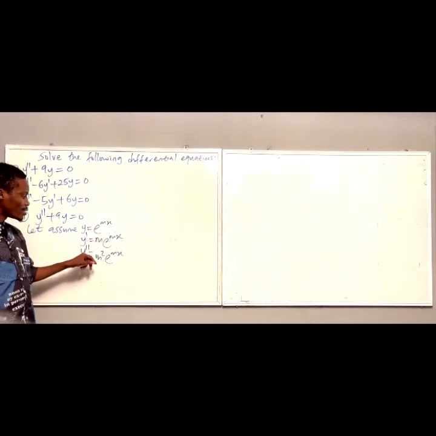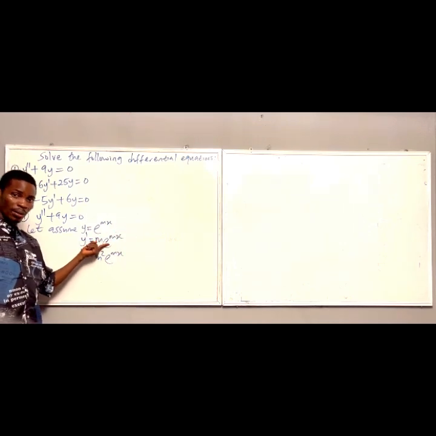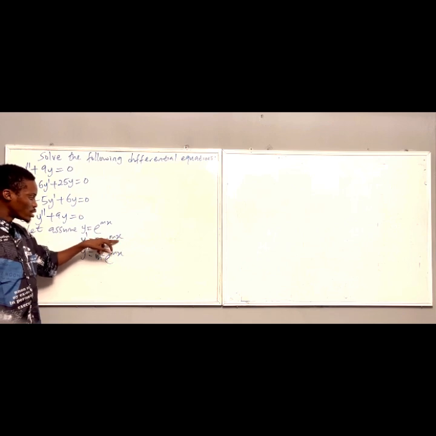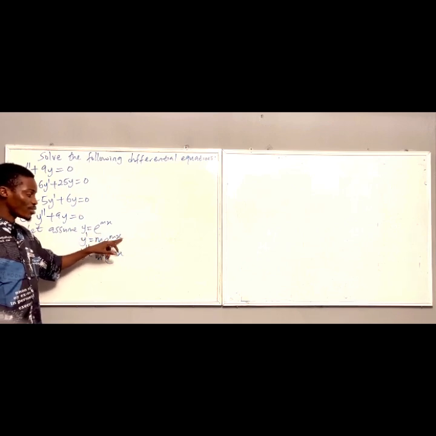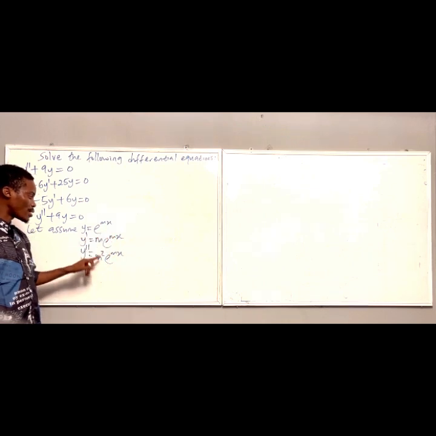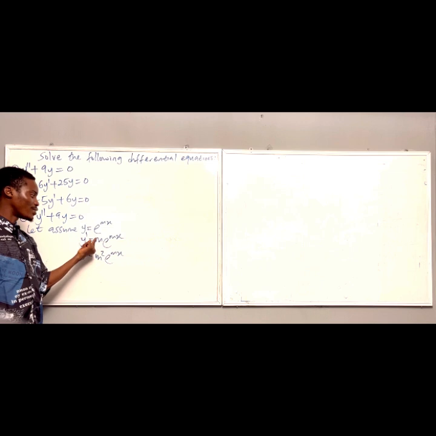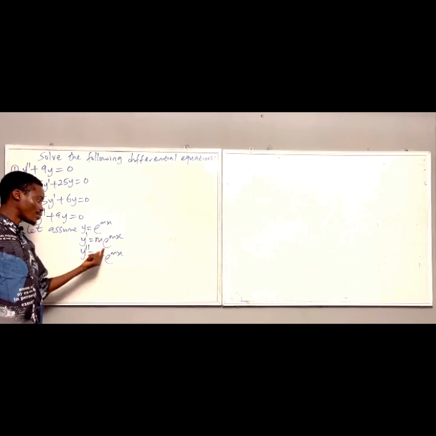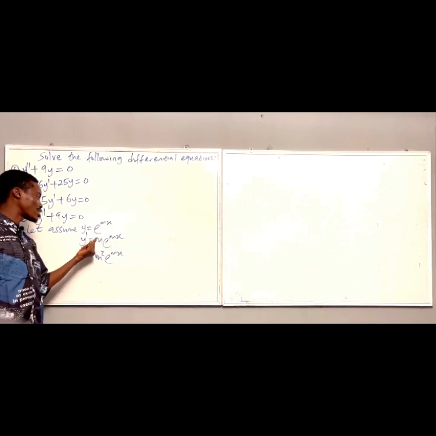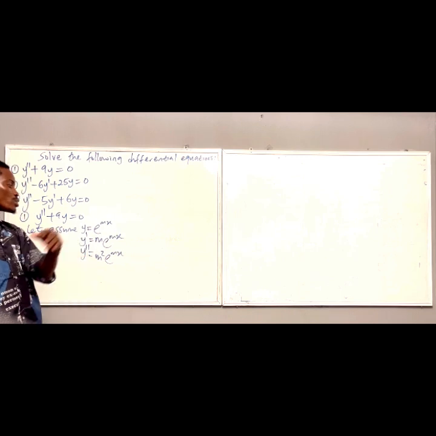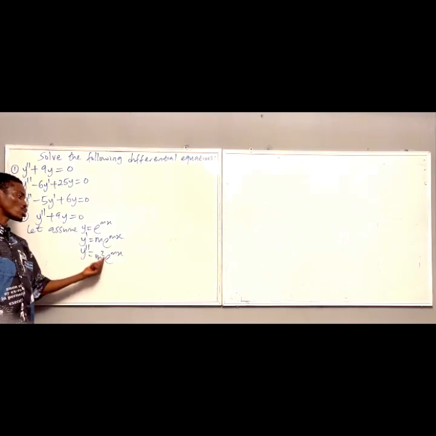If I differentiate again, it means this is a product, I can take the derivative of only x here. If I differentiate x, I'm going to have 1, so I'm going to have 1 times m times m e^(mx) plus, if I take this again and differentiate with respect to x, since it's not x, it will give me 0. So that's why I have m² e^(mx).